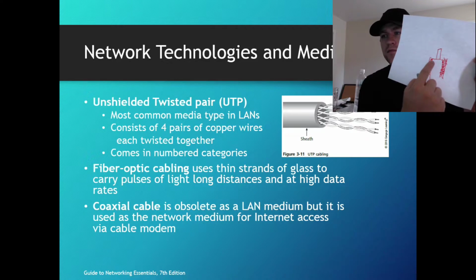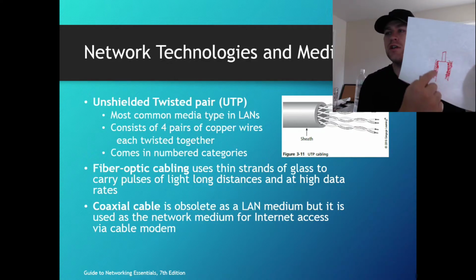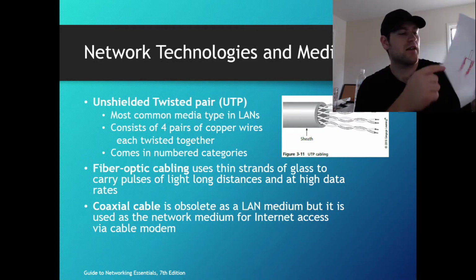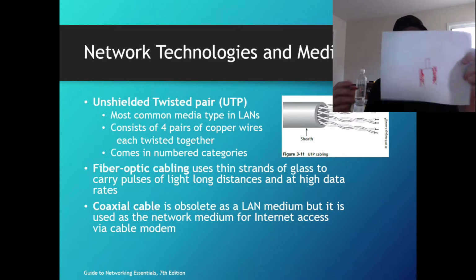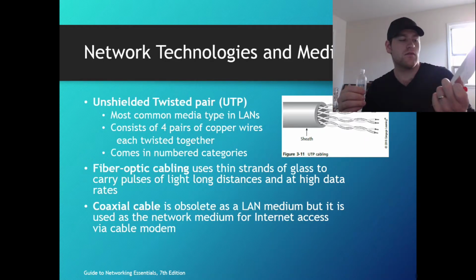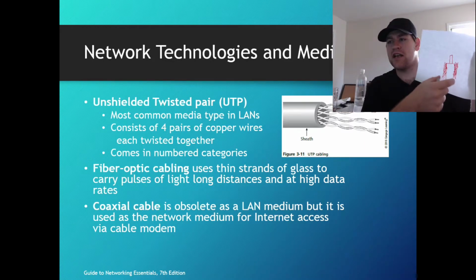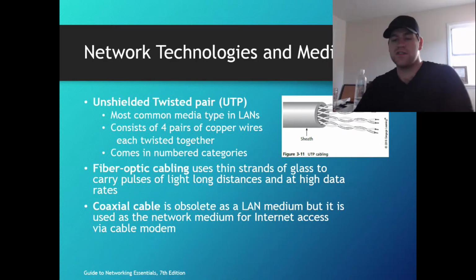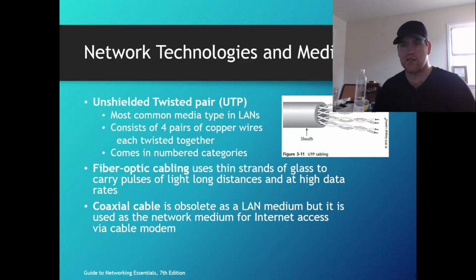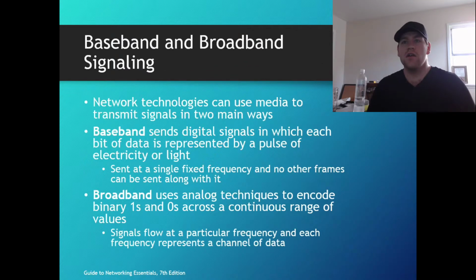You would have usually a steel mesh that would be like a shielding to prevent electromagnetic interference from affecting the signal. And then outside of that metal mesh, you have another coating of plastic. So you most often see that in television application as well as WAN technologies. Some WAN technologies still utilize coaxial cable, so it is still in use, but not really ever in LANs.